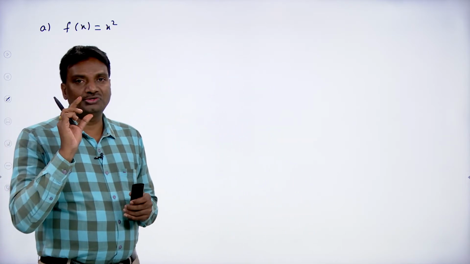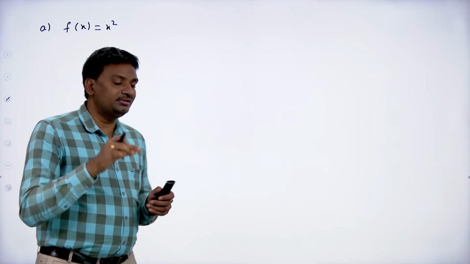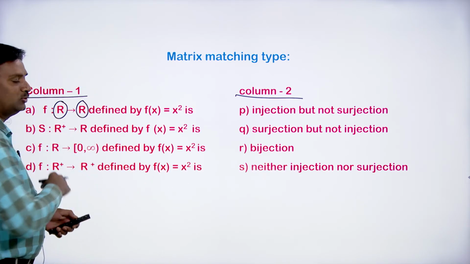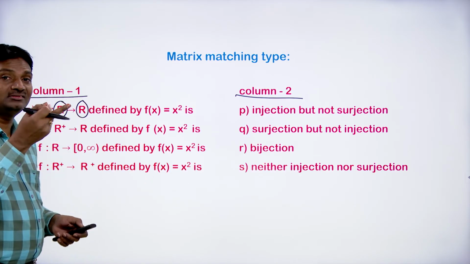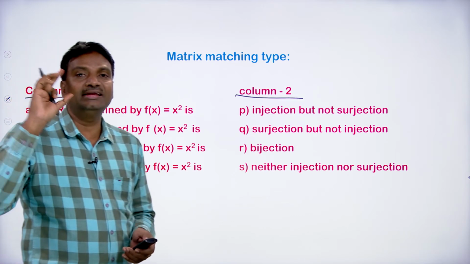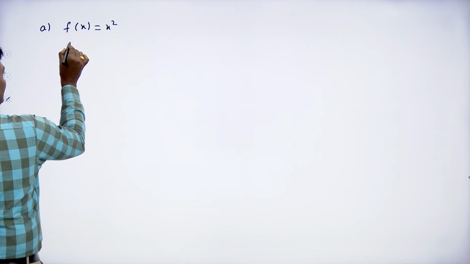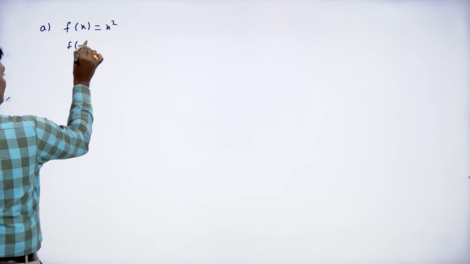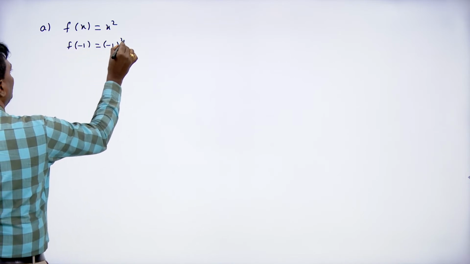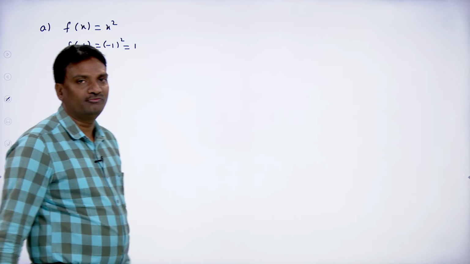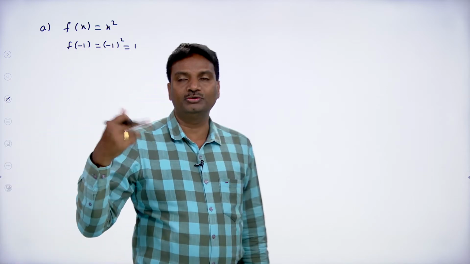So for question A, the function f is defined from R to R. The domain is R and the codomain is also R. You may consider any real number. So for example, in place of x, if you take -1, f of -1 equal to (-1) square equal to 1. It is not necessary to take -1 only.